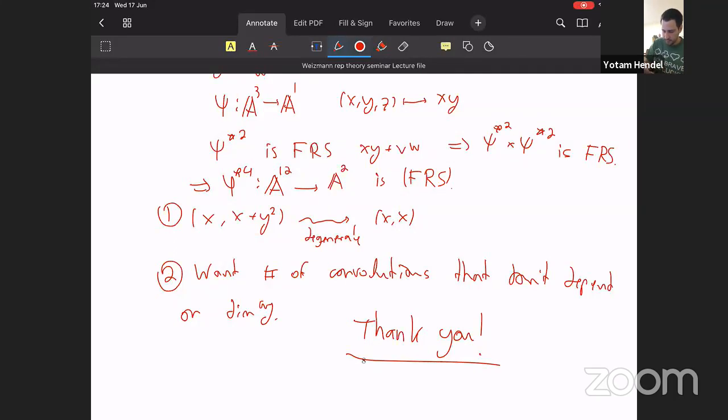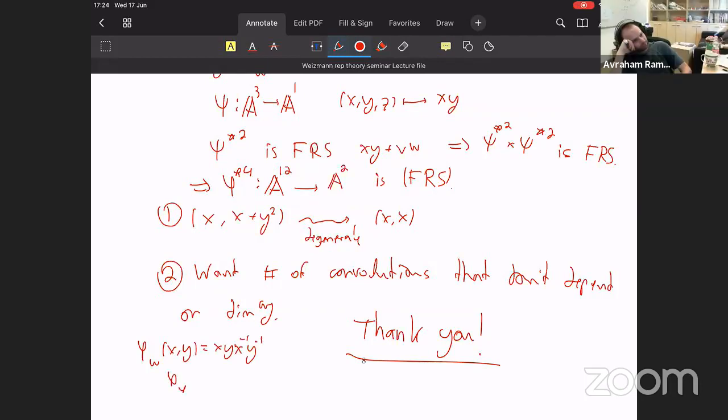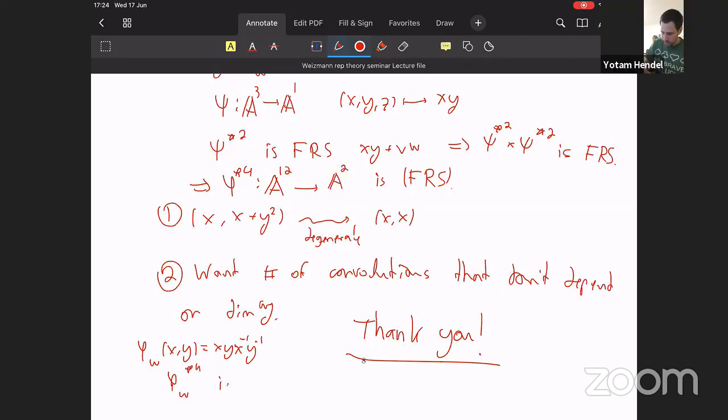So like you have, say, this is your commutator map. And you know this guy is FRS.